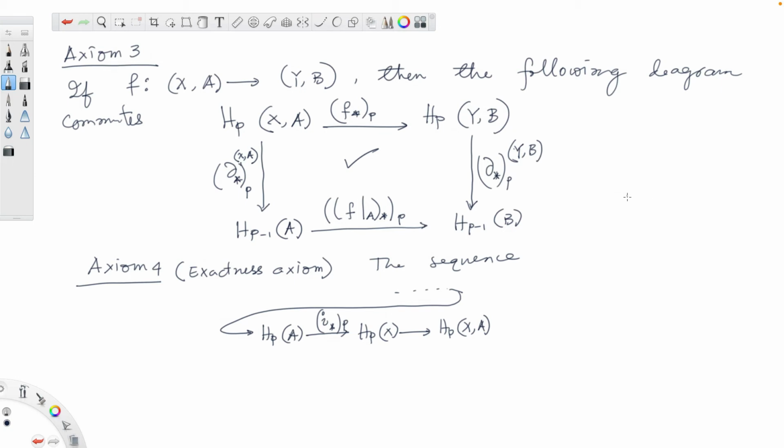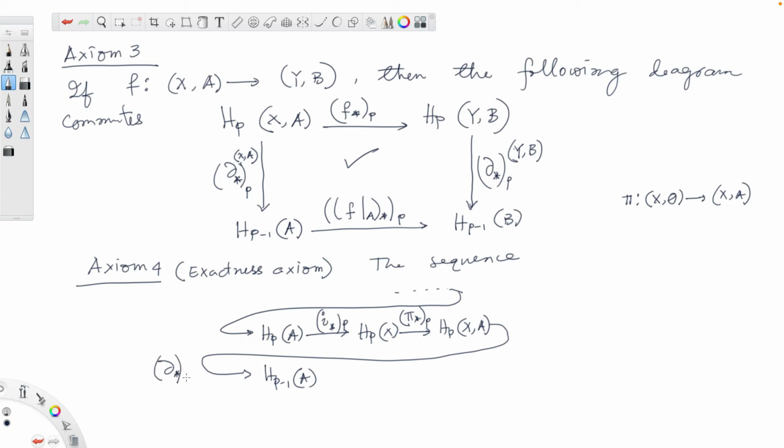this is induced from this inclusion map X comma empty space included into X comma A. Okay, so this is denoted by pi star at P, and then from there back here to HP minus 1 A, this is the map delta star at P for X comma A. So we can leave it.